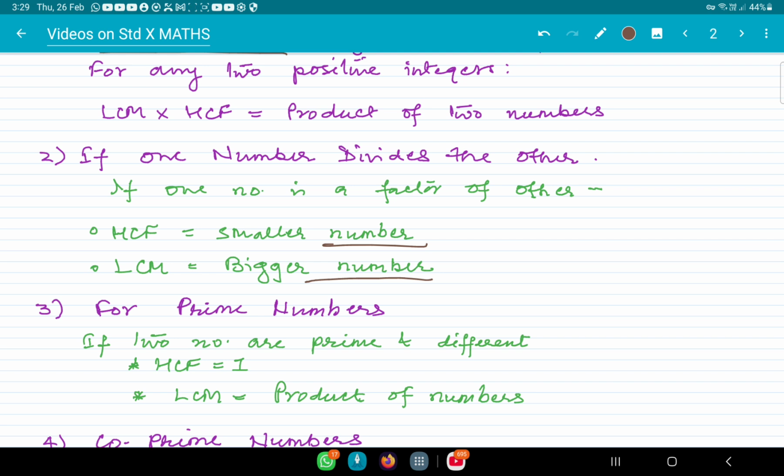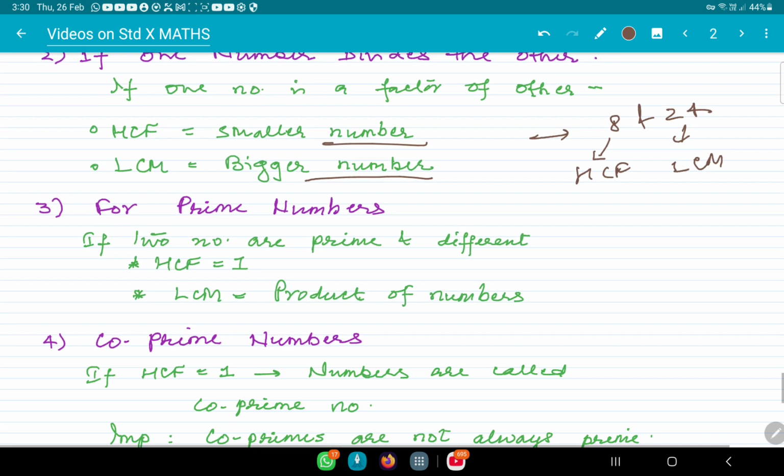For this we can take an example also. Suppose 8 and 24. If they give you 8 and 24, you can easily judge that HCF is 8 and LCM is 24.